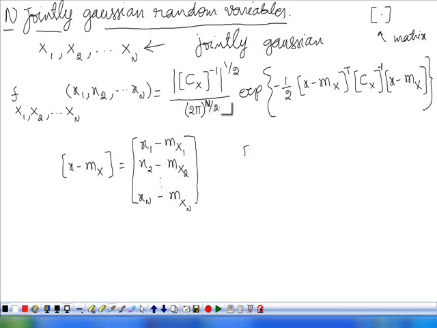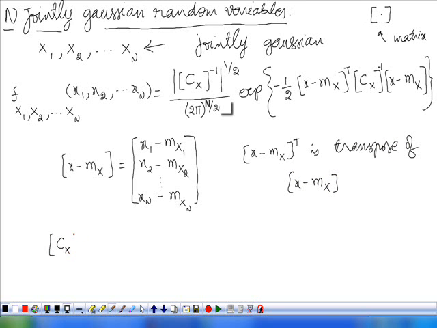That is, x minus mx t is the transpose of the matrix x minus mx. And this Cx is called the covariance matrix.